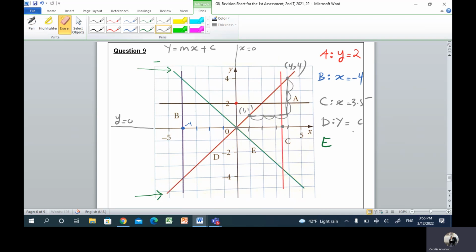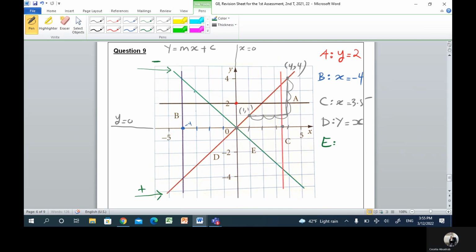And why is it only y equals x? Because it has no c. The intersection with the y-axis is 0, 0, so that's why c is equal to 0. Now, let's go to the last line, which is line E here. As we can see, the slope is going to be negative, while here the slope or the gradient is positive. And c is also equal to 0 because the point passing through the y-axis is 0, 0.